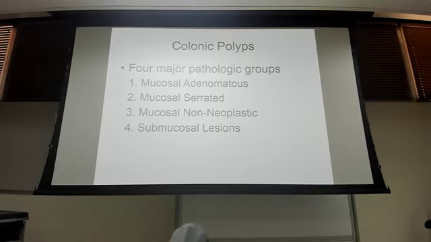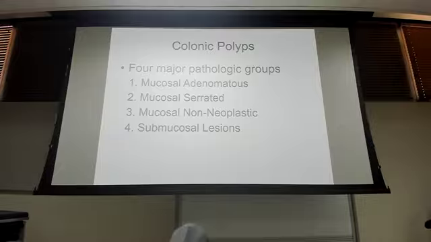Four major pathological groups. Number one, the most common to lead to cancer: adenomatous polyps. And we have mucosal serrated, mucosal non-neoplastic. Obviously if it's non-neoplastic, it's less likely to lead to cancer. And then we have submucosal lesions.